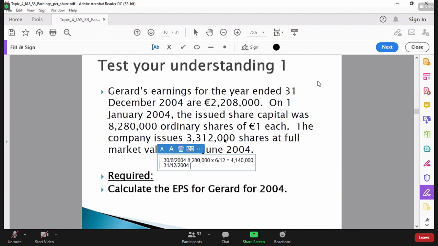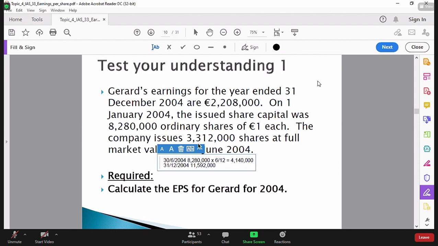Good, because you make mistakes. Kena ambil total, because at the end of the year, the number of shares is increasing by 3312. So jadi berapa now? How much then? The number of shares? 11,592 million.